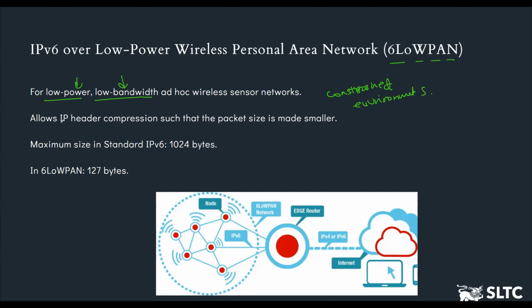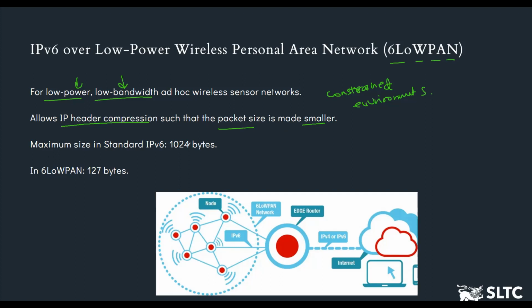It is using a technique to reduce the data packet size, which makes it very low power communication and low bandwidth communication, right? So in that protocol, we have the IP header compression, which means that the IP header length is compressed such that the packet size is made smaller.